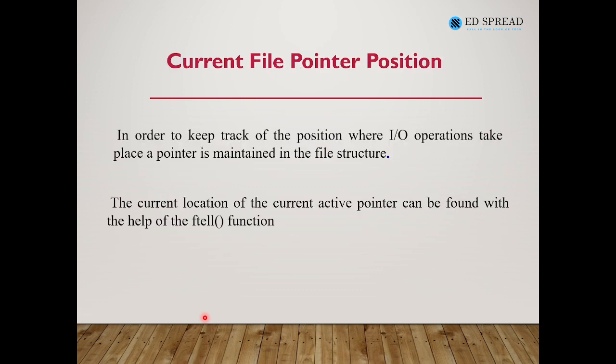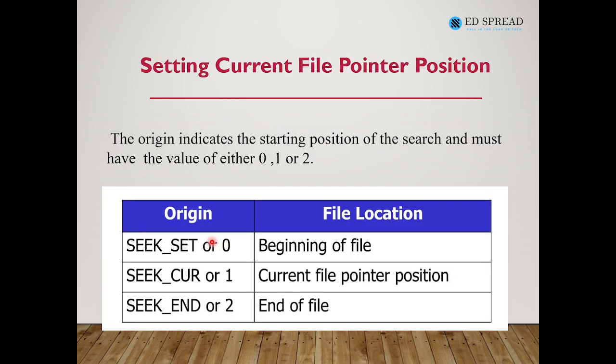So the current file position pointer, this I've already told you. In order to keep track of the position where input and operations take place, a pointer is maintained in the file structure. The current location, and the ftell option, I've told you in the methods itself: the active pointer can be found with the help of the ftell function. You can also use this for setting the current file pointer position.